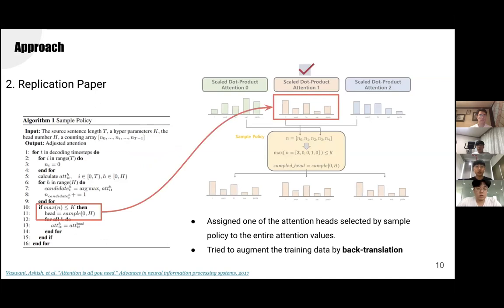They assigned the entire attention head values as the same value of the picked attention head by their sample policy. To sum up, the sample policy is randomly selecting one of the 8 attention heads. By doing so, their approach could generate diverse translations by changing the original value of attention. Also, they tried to augment the training data by using back translation.